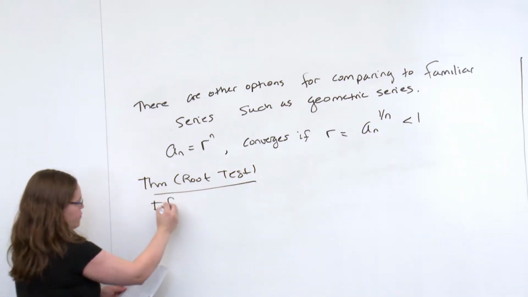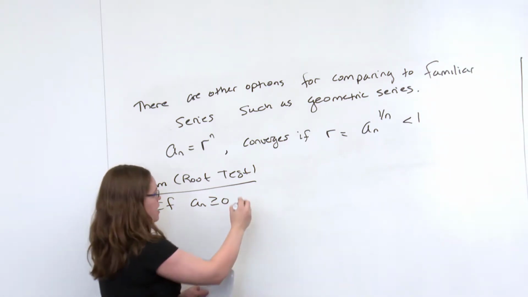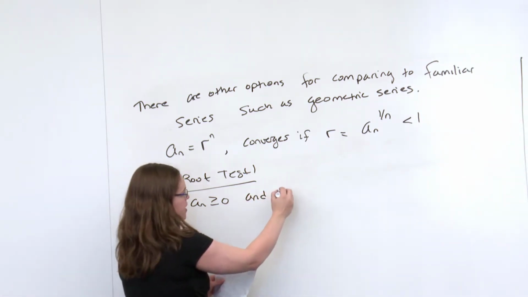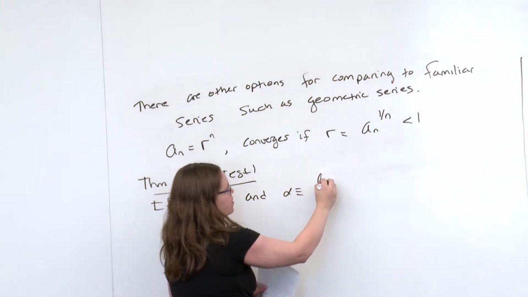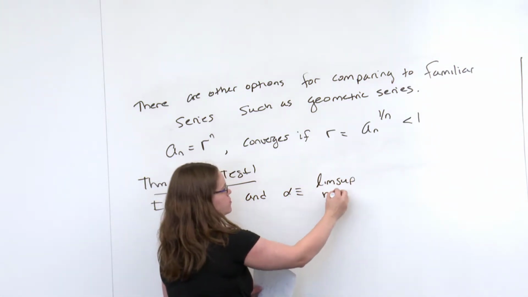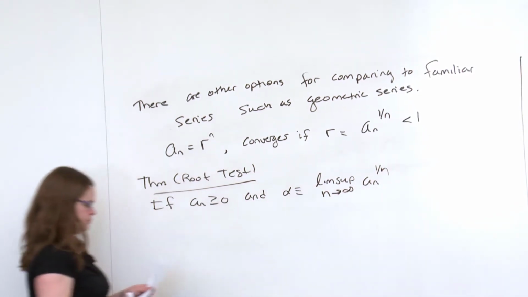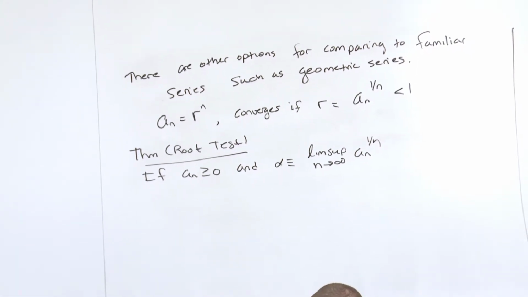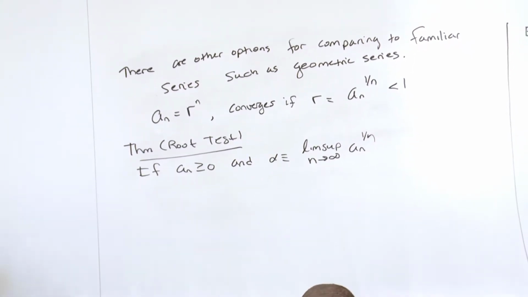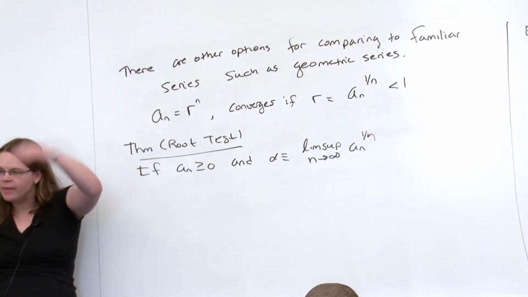Okay, so again, we have positive terms, and we define alpha to be the limit superior of these things. Again, these values can bounce around.